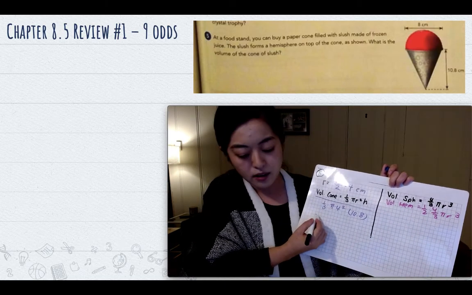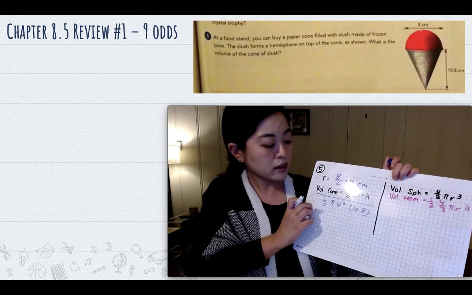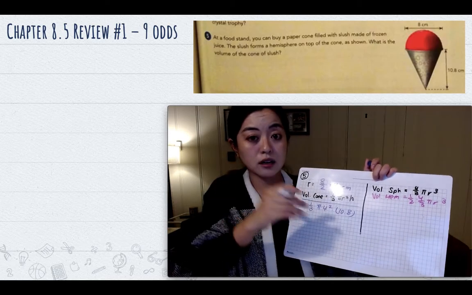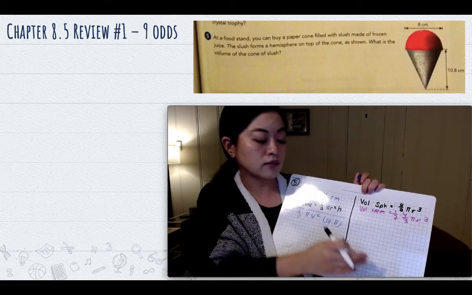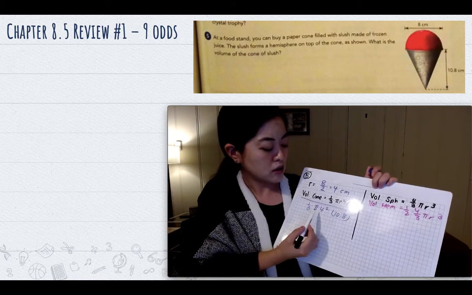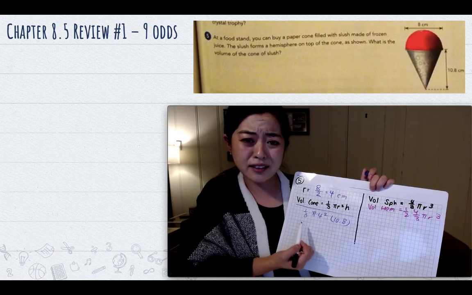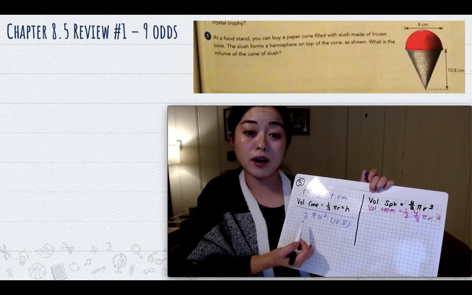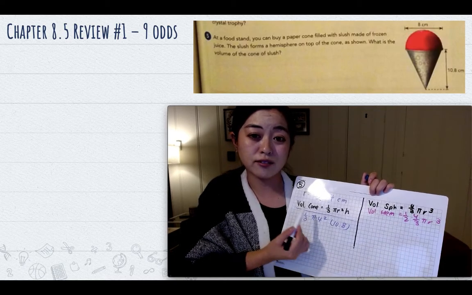Because we're going to later on add the volume of the cone to the volume of the hemisphere, I don't want you to approximate this right now. I want us to get the exact measurement of the volume of the cone.